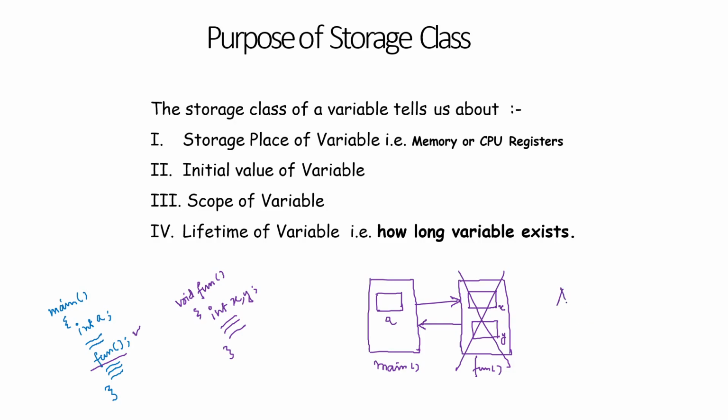So one is allocation and another is deallocation. Allocation means memory will be occupied because of variables present within the function, and deallocation means the memory that was occupied becomes free, so that the memory can be used further for other functions or variables in future. And this is what we call lifetime.